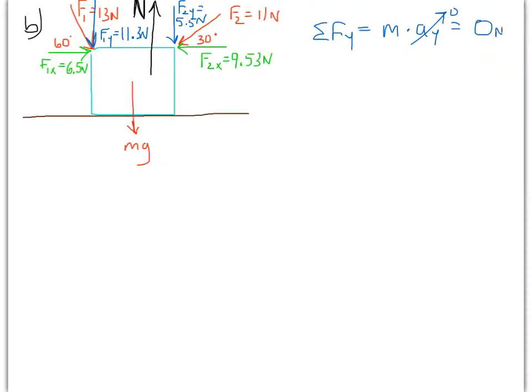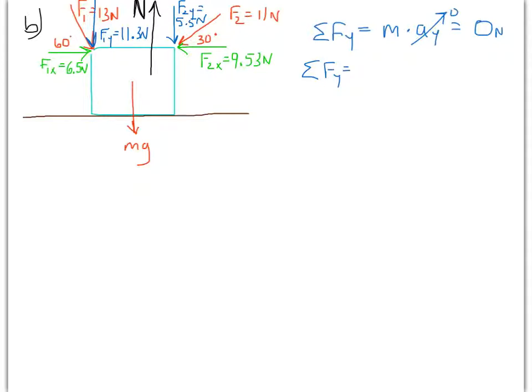0 newtons. So what must be true is that the downward weight force and the downward y component of this force and the downward y component of this force must be balanced out, must be counteracted by this upward normal force supplied by the table. And by the way, we're going to write that in equation form right now, because the other way we can write the net force in the y direction is as being the sum of all the forces.